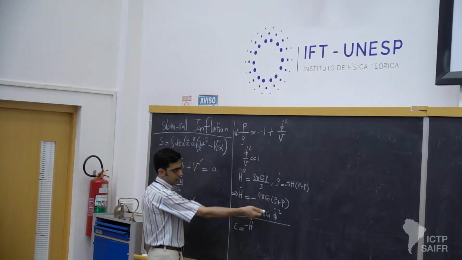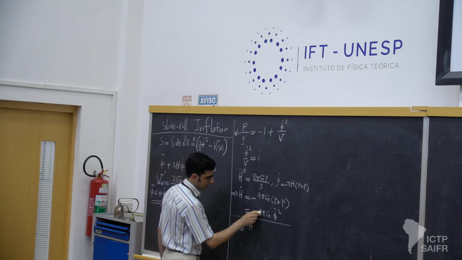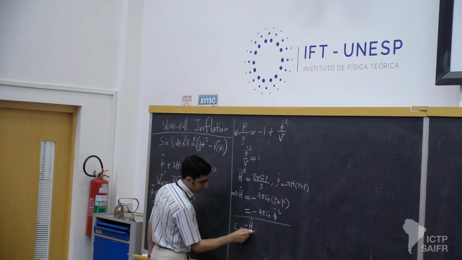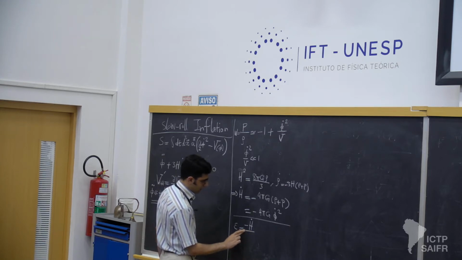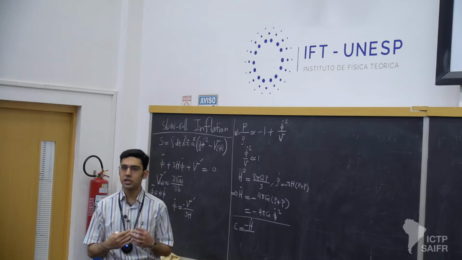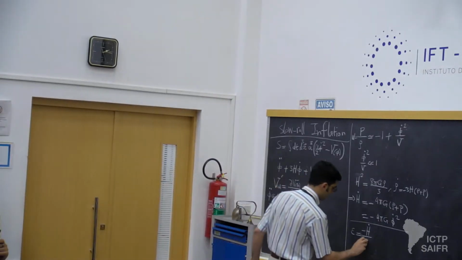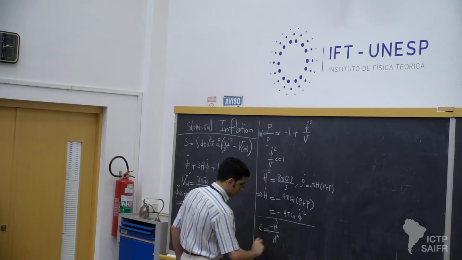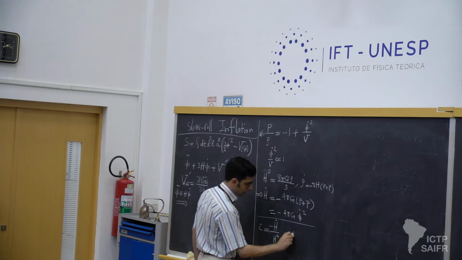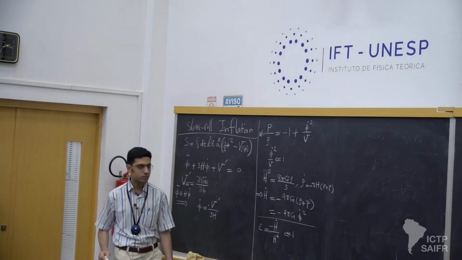Also, you can see it from here that in this particular case, it is negative. I define this slow roll parameter by comparing the rate of change of H, the expansion parameter, to H squared. So the requirement of being near de Sitter is equivalent to the requirement that this quantity is small.